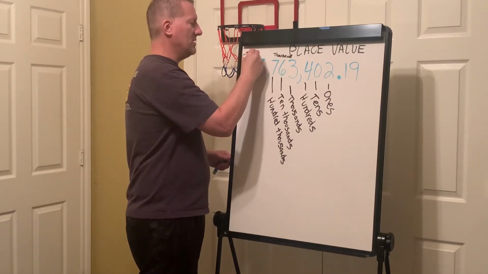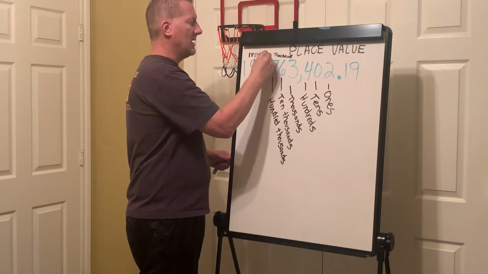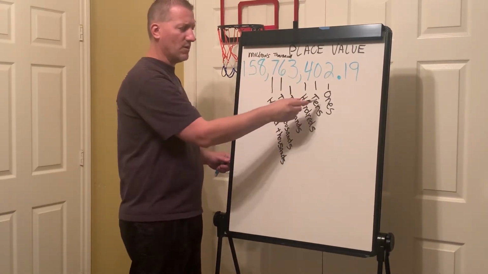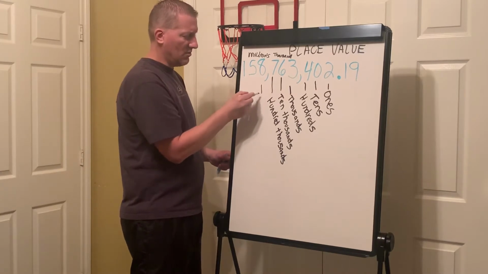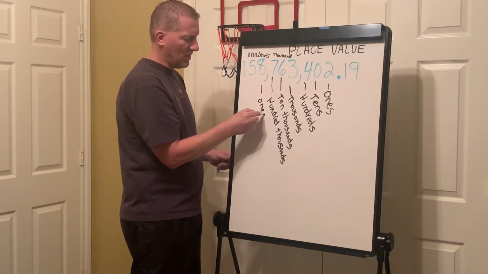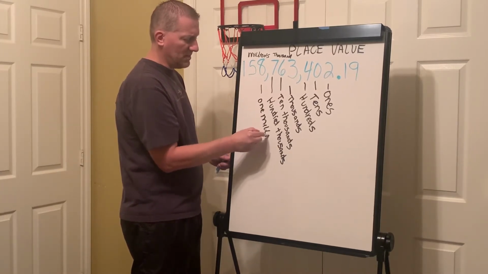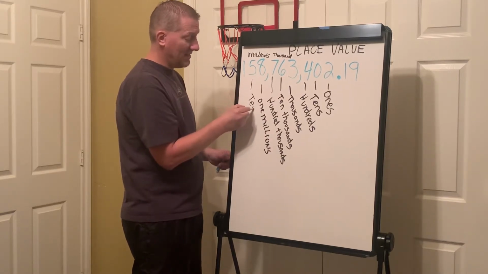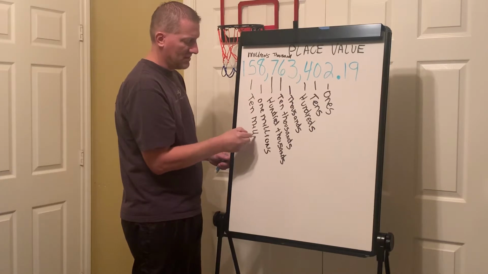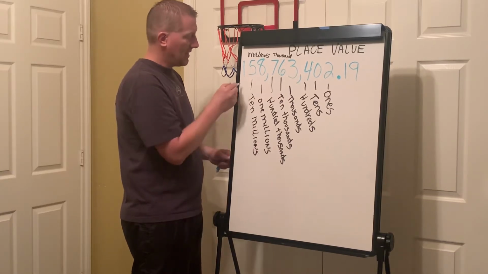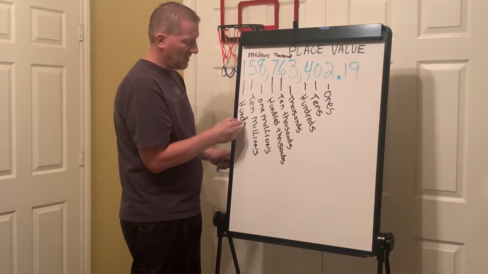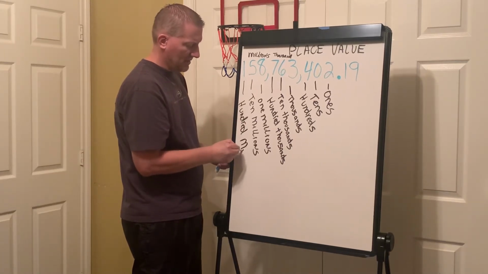Yeah, those are the millions. And then all you have to remember is the same pattern, ones, tens, hundreds. So you could call this the 1 millions or just the millions. You could call this the 10 millions. And you can call this the 100 millions.